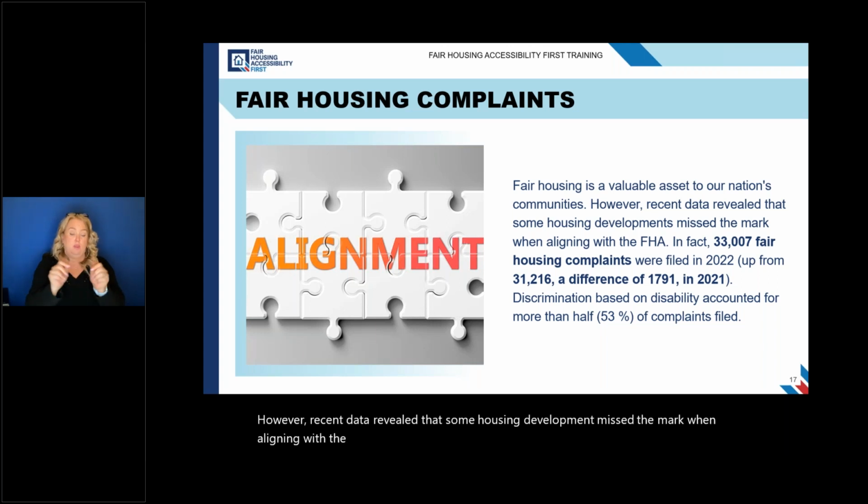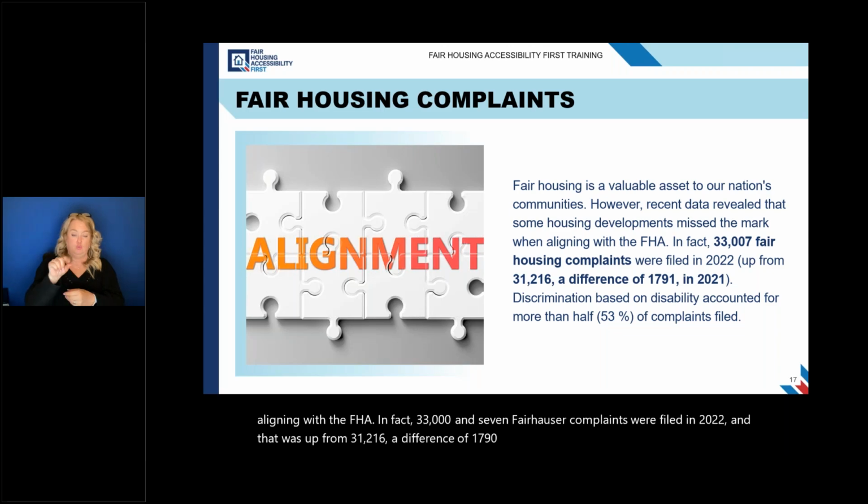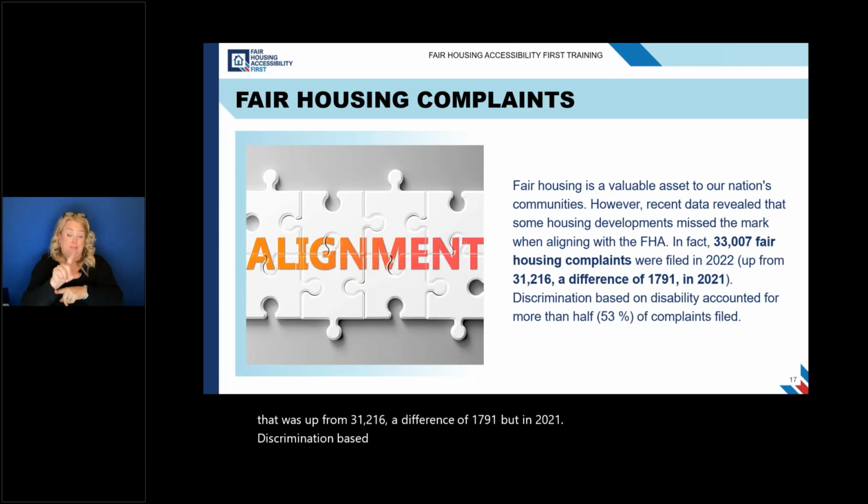In fact, 33,007 fair housing complaints were filed in 2022, and that was up from 31,216, a difference of 1,791 in 2021. Discrimination based on disability accounted for more than half, 53% of complaints filed.